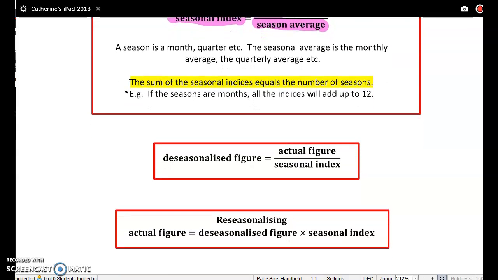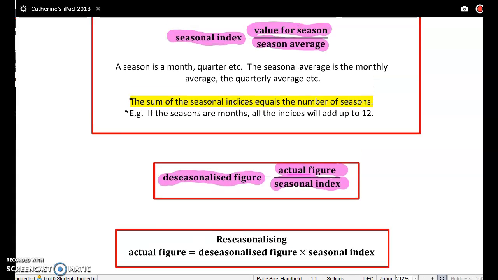To deseasonalise, to take that seasonality out of our figures, we get the actual figure and we divide it by our seasonal index. So we've gotten our seasonal index from the value of the season divided by the average of all the seasons.